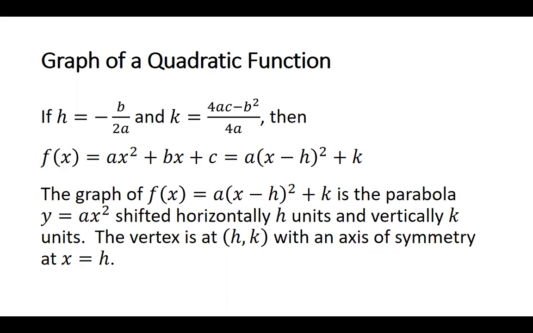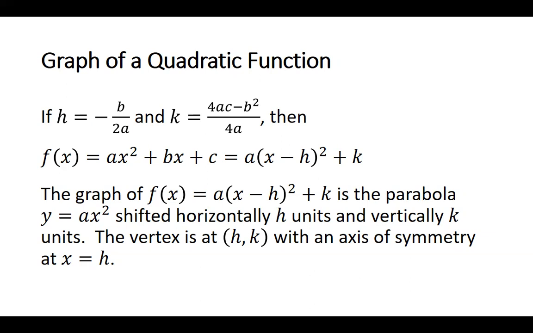Now let's look at this h just a little bit. We said h is equal to negative b over 2a. Well, if we think about the quadratic formula, if we make the discriminant, what happens underneath the radical, equal to 0, then there is only one possible x value, because you end up with negative b plus or minus 0 over 2a.